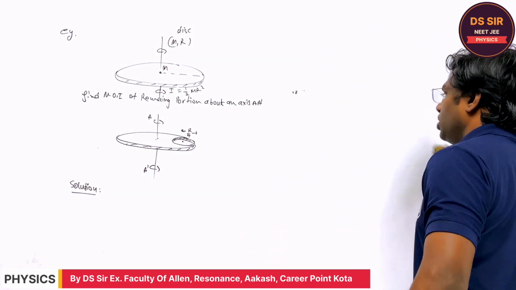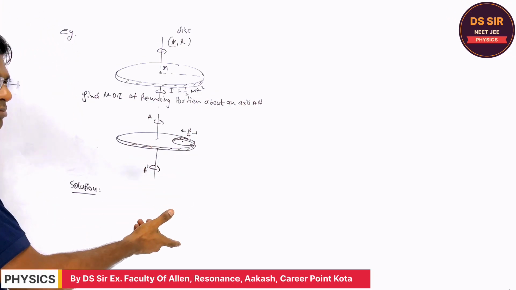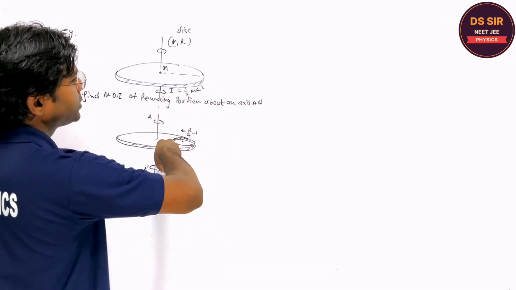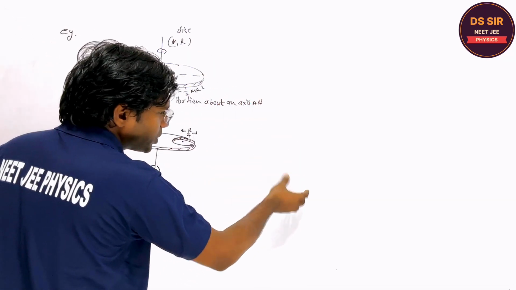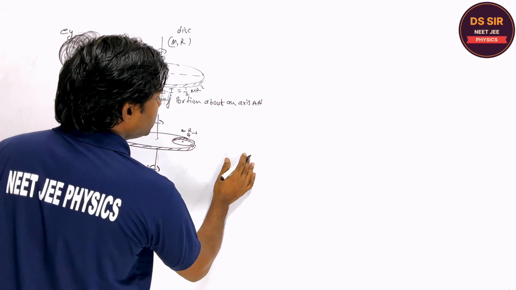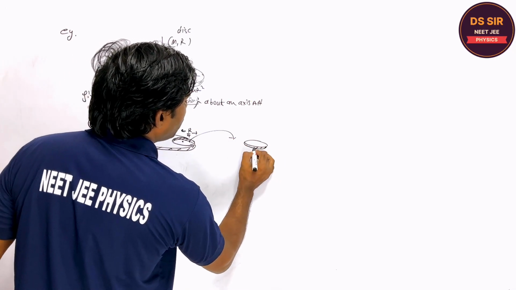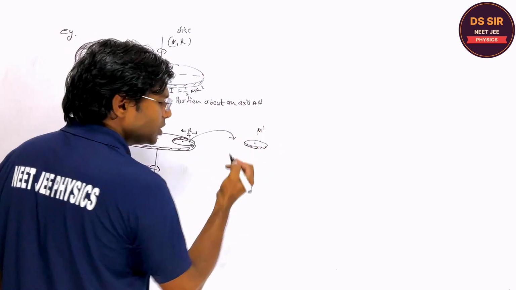Copy this first. So how to solve this question? Listen, moment of inertia is a scalar quantity. It is added and it is subtracted. If some portion is added to this disk, the moment of inertia will be added. If some portion is removed, so what is the removed portion? This is the removed portion, the mass m dash. Can you find the m dash using a unitary method?